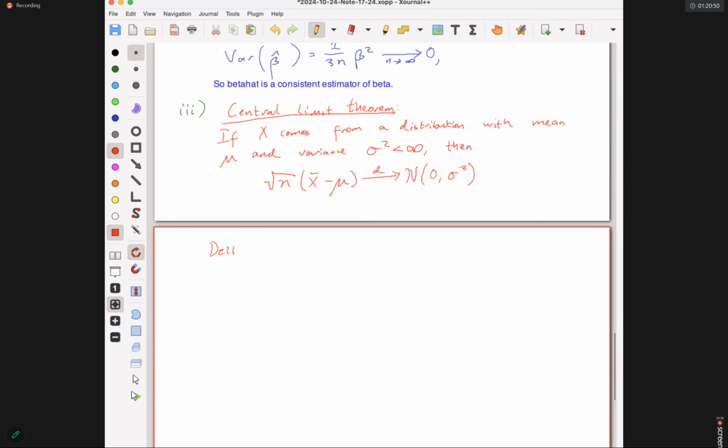And then, okay, so do you understand convergence in distribution? Because that's part of the statement of the theorem here. Okay.